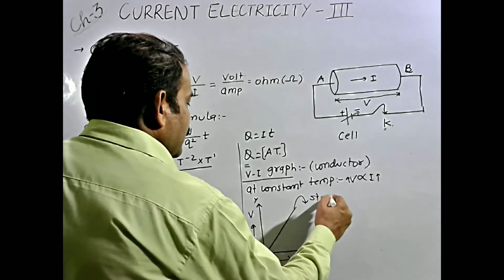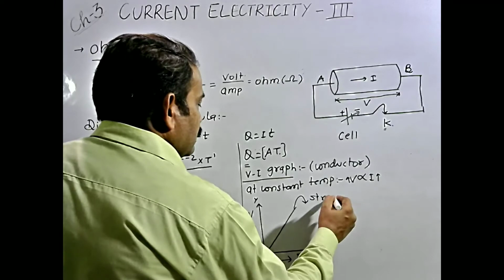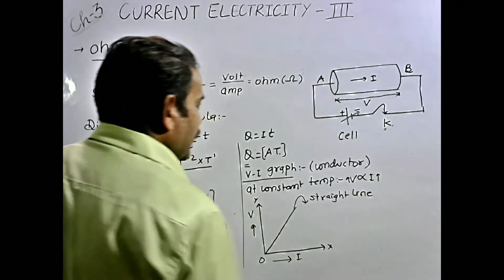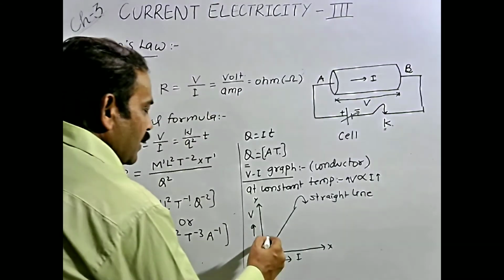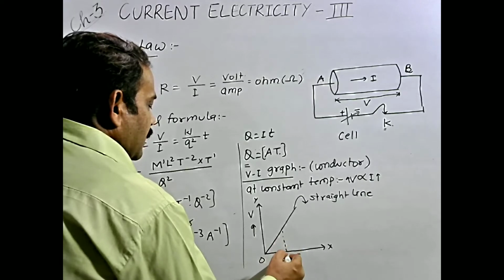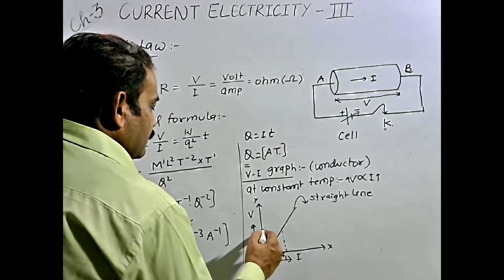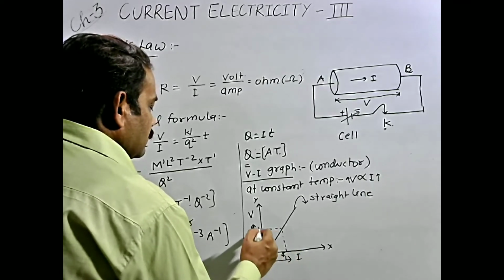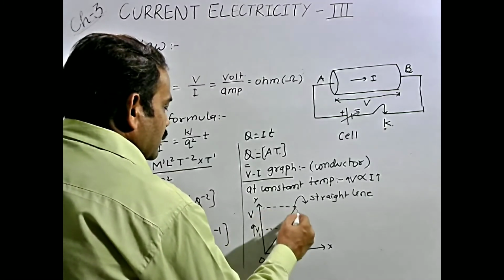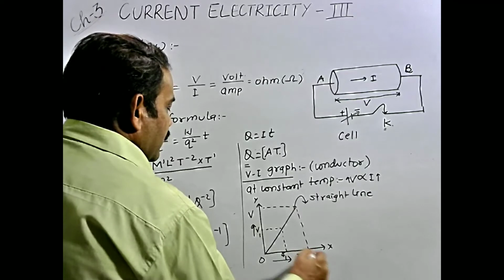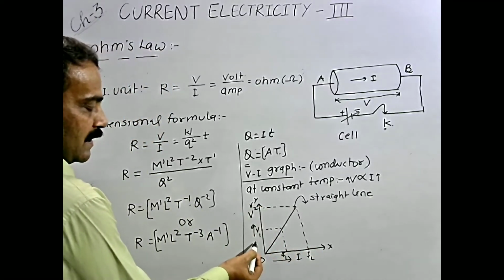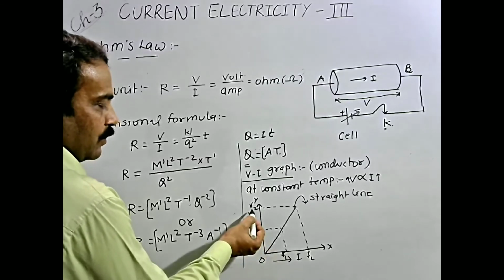You can see the nature of this graph is a straight line, and the slope of this graph, suppose here it is at I1 current, V1 voltage, and at last suppose it is I2 current and voltage is V2. Means when V1 voltage is applied, current is I1, and when V2 voltage is applied, current is I2.